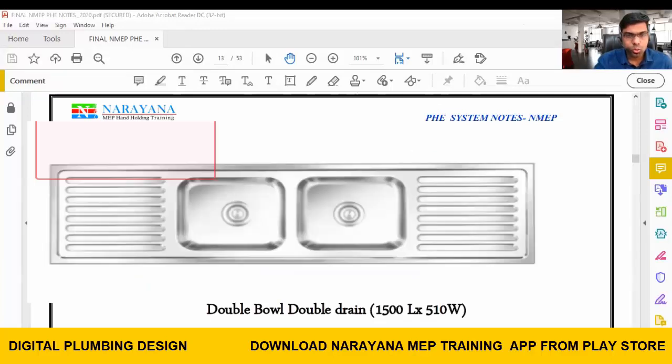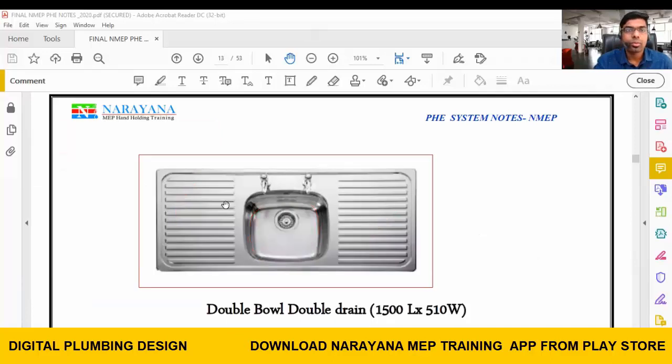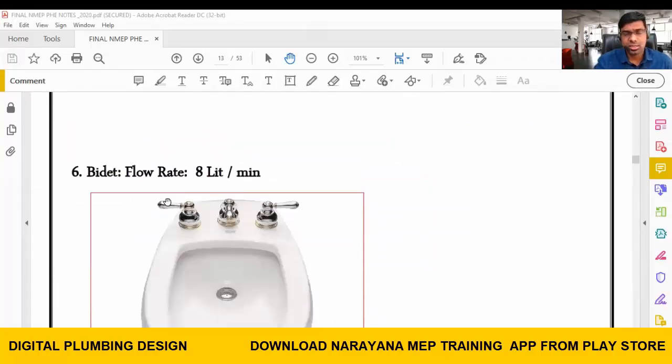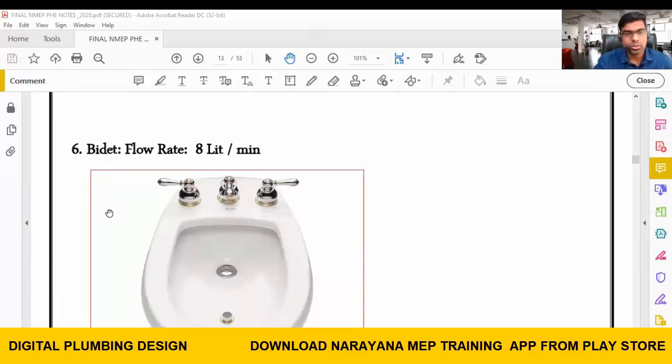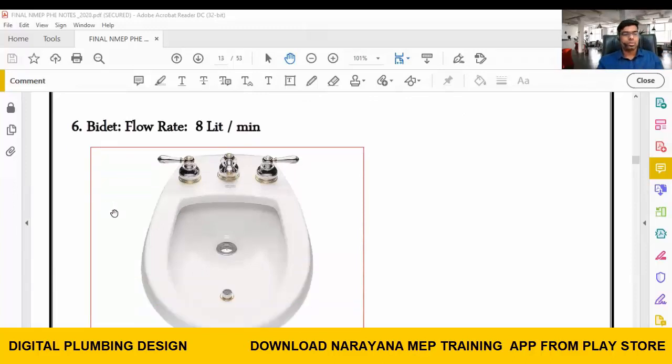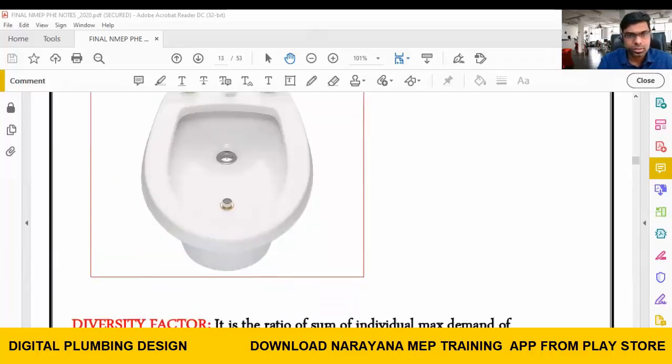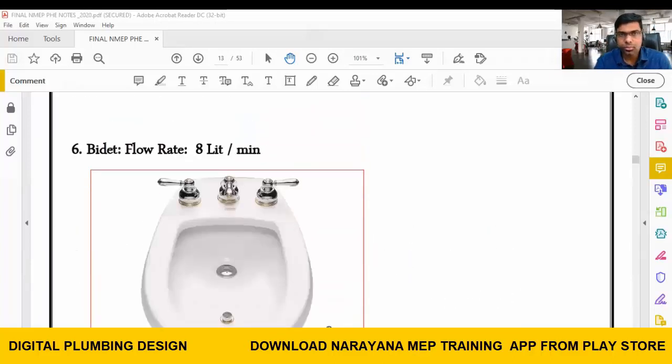If you have two bowls, then it is double bowl and double drain bowl. And you have a bidet. This is generally used in hospitals to clean the internal organs. Generally it is used for patients to clean themselves.